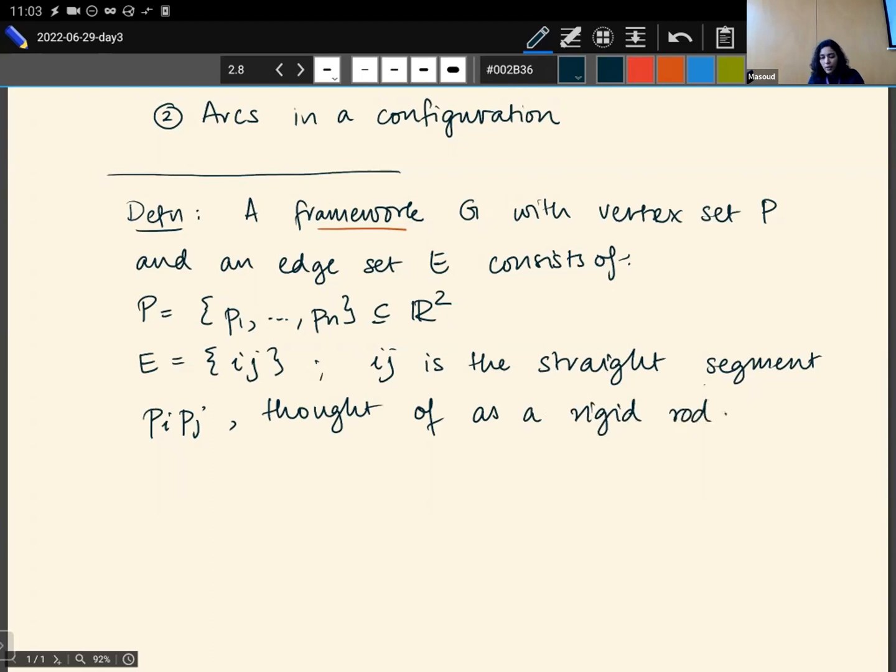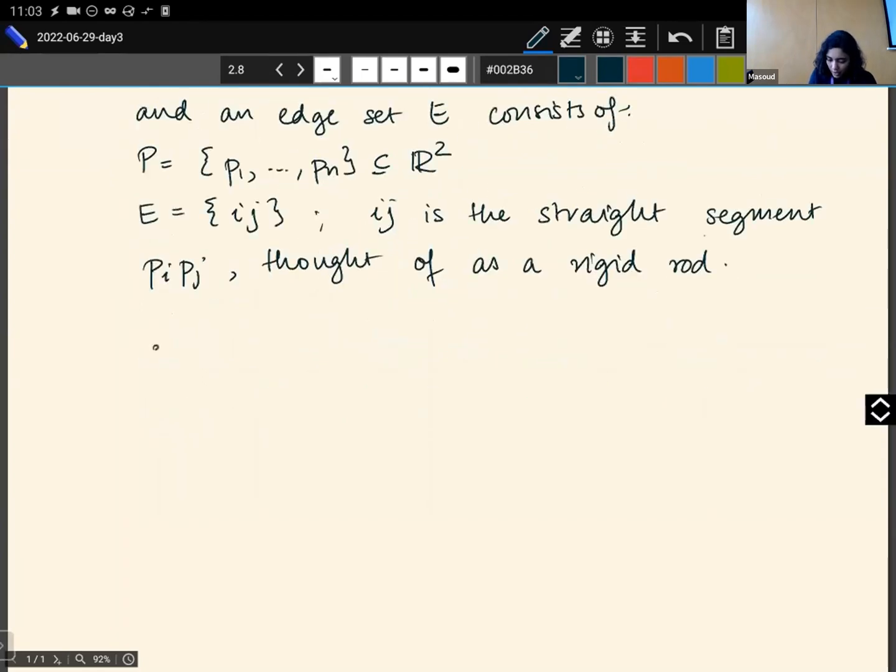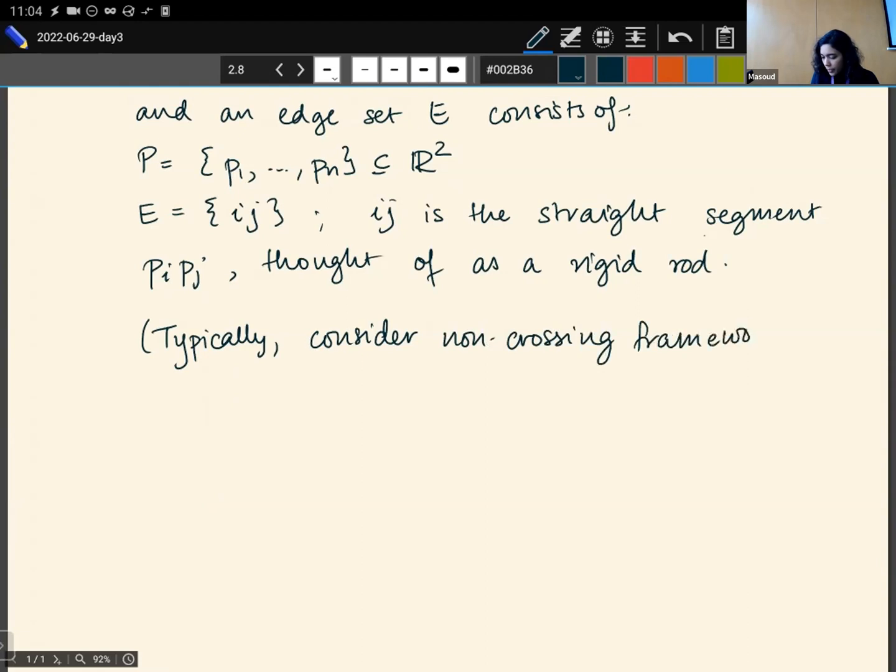Meaning in anything we do with frameworks, when we move points around, we're not allowed to shrink or extend the length of the edge ij. I don't think this is part of the definition, but typically these will be non-crossing. So unless I say otherwise, edges in my framework shouldn't cross.